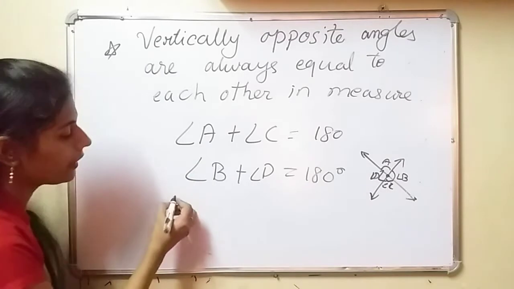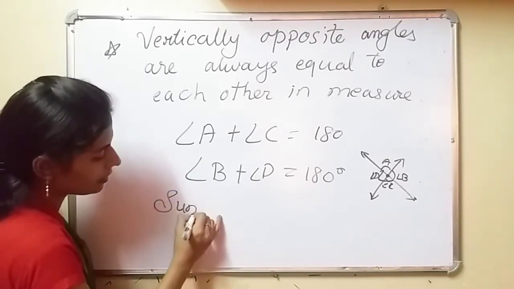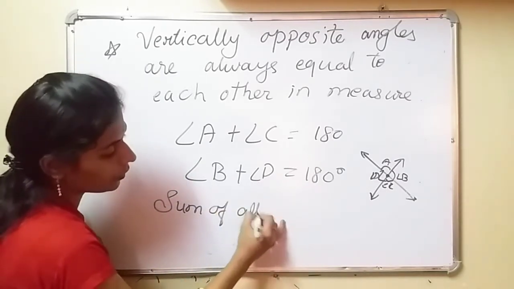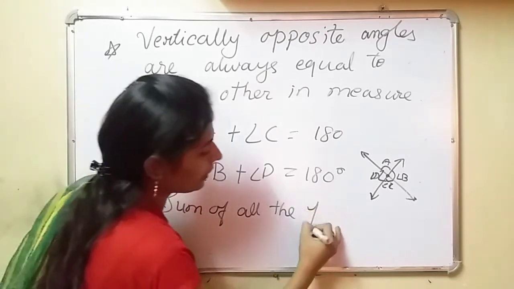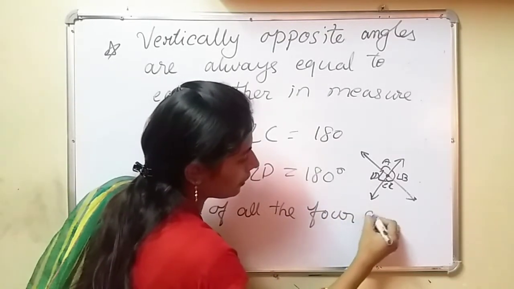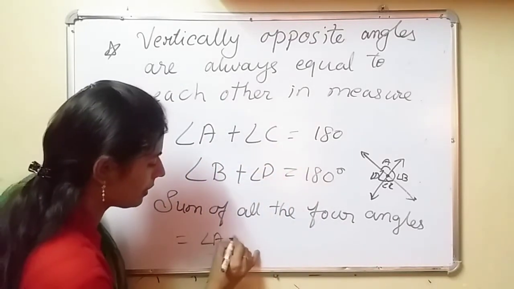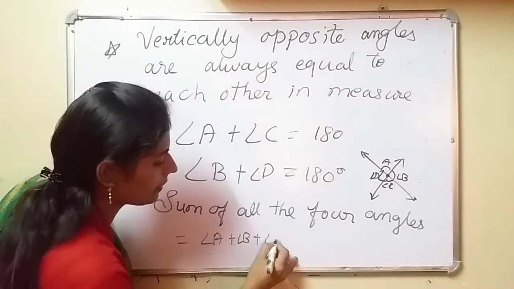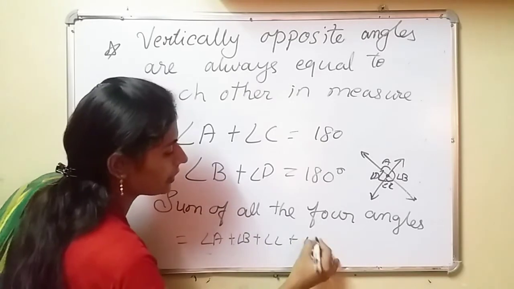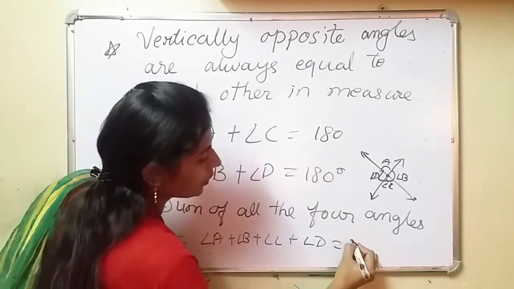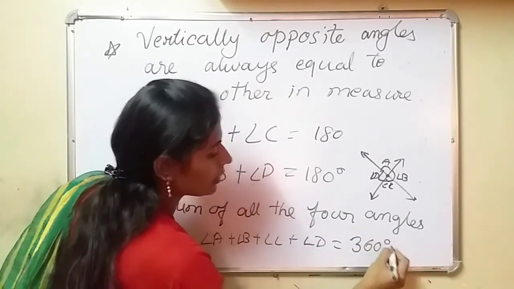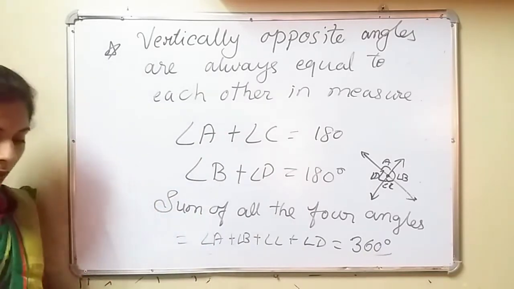Now sum of all the four angles, angle A plus angle B plus angle C plus angle D is equal to 360 degree. Okay.